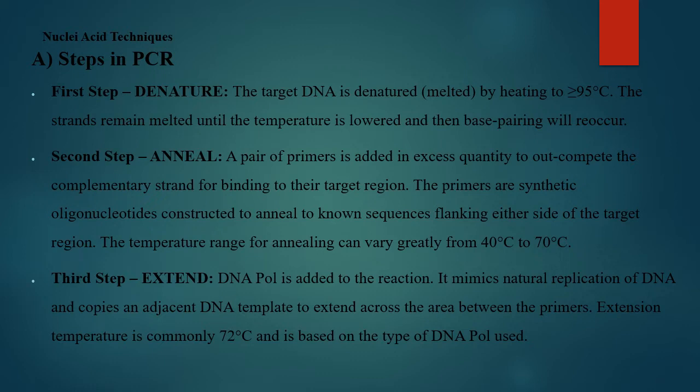So the polymerase moves along the stretch and replicates that portion of the DNA, like in regular DNA replication. Now the extension temperature is commonly 72 degrees, and it is based on the type of DNA polymerase being used.